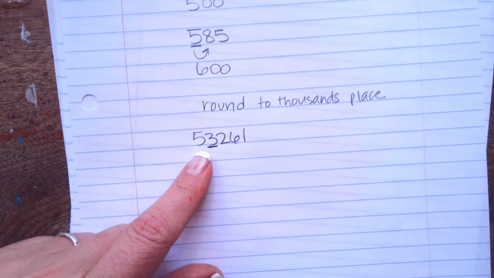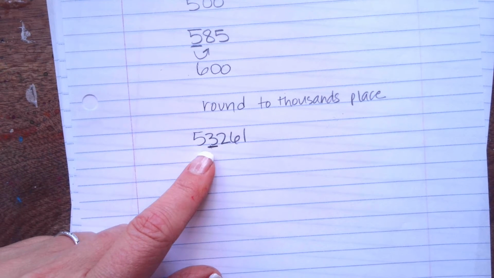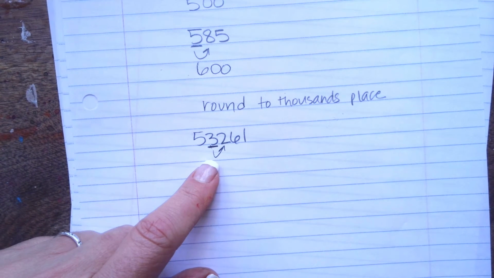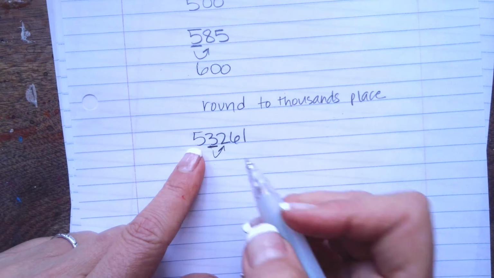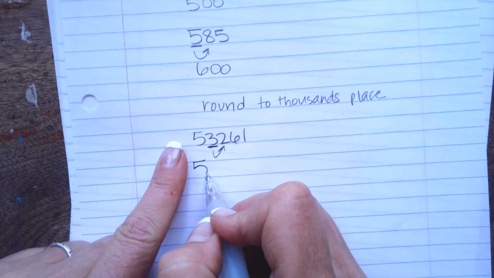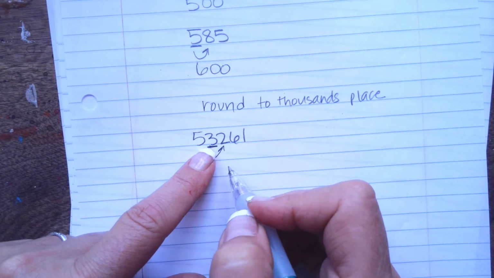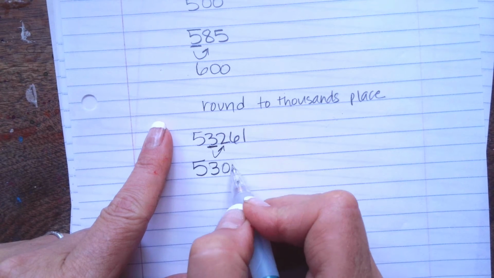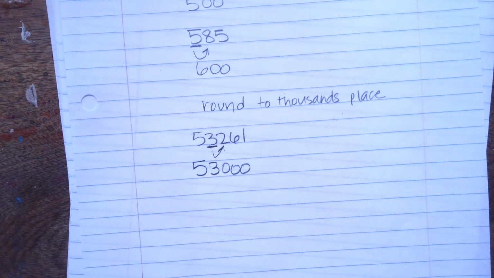Now, this one we're going to go to the right and we're going to say 5 or more, let it soar, 4 or less, let it rest. So we rewrite the 5. This number rests at a 3 and then everything after it becomes a 0. So it's 53,000.